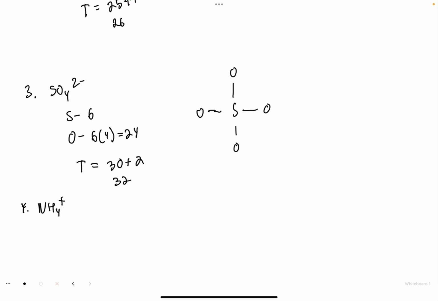So sulfur has a full set. Let's see, 6 times 4 would be 24, 2 times 4 would be 8. So that's 32. So that's perfect. Each oxygen has 6 on the oxygen itself.